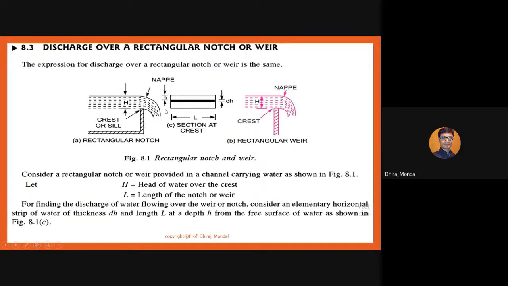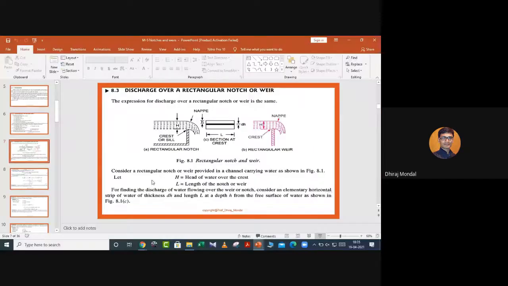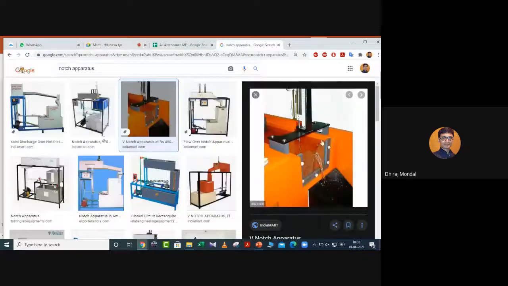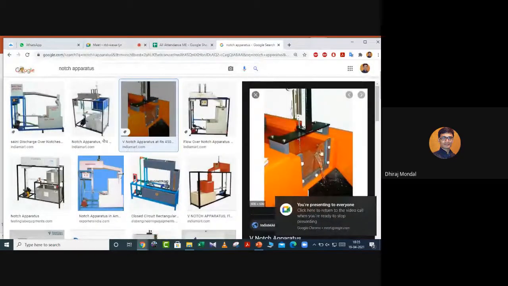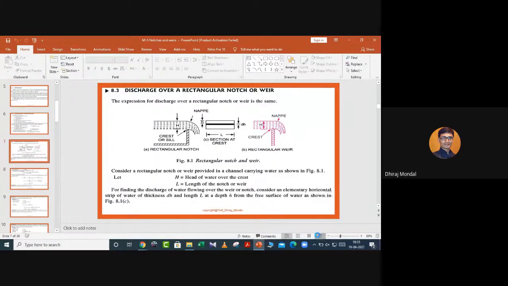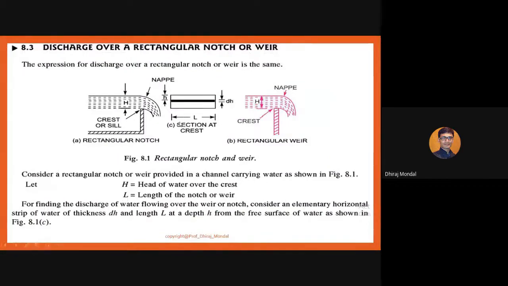Now the length is your L. Length means what? This length. You can see here I am talking about this length. This length will be given in the manual. So here you can see L and the sheet of water.